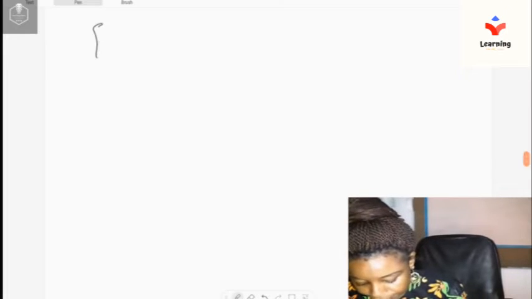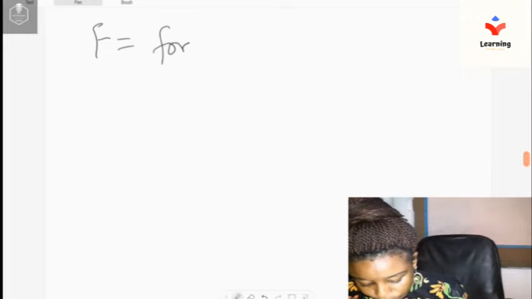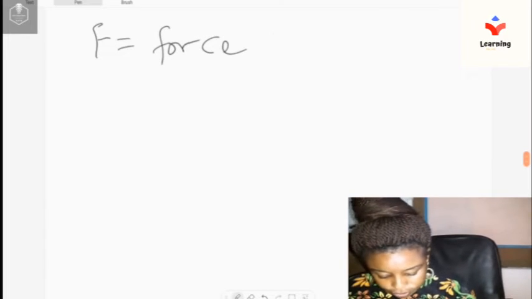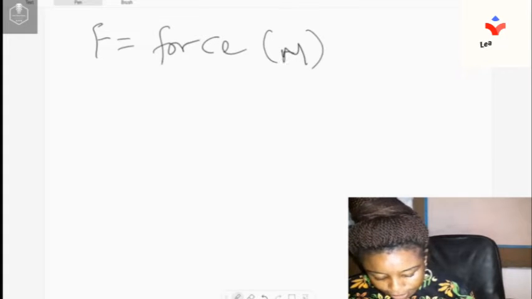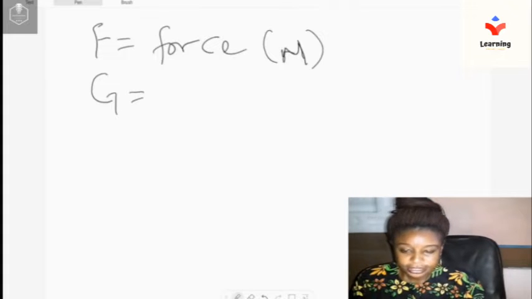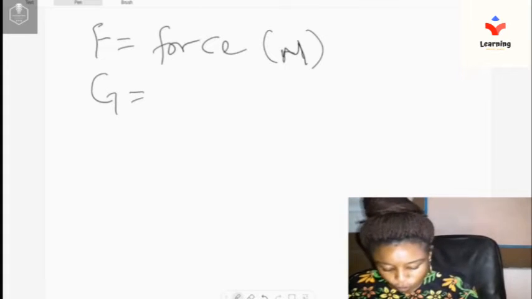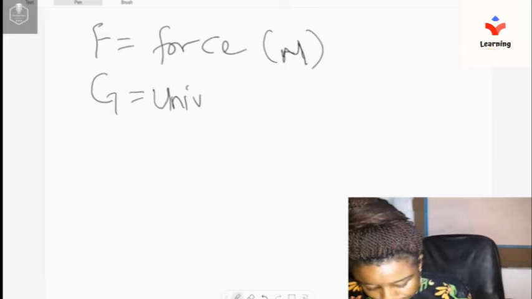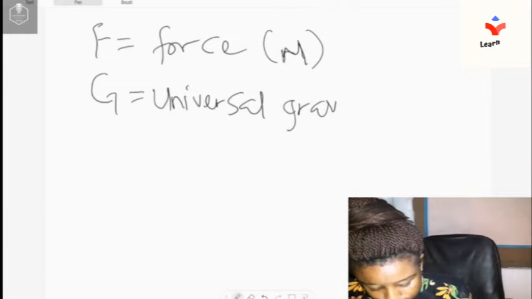The F there represents force of attraction, which the unit is Newton, that is capital letter N. The G represents the constant of proportionality, known as the universal gravitational constant.